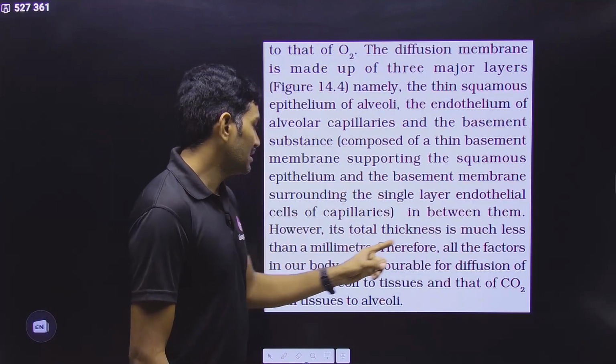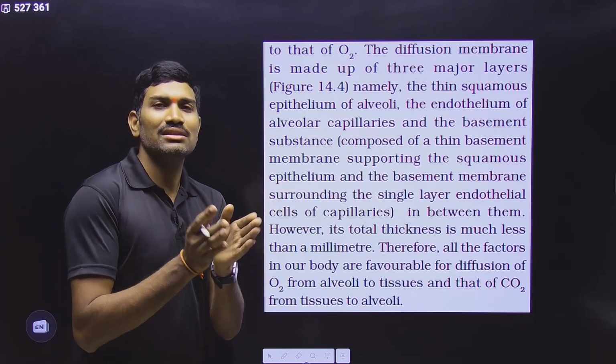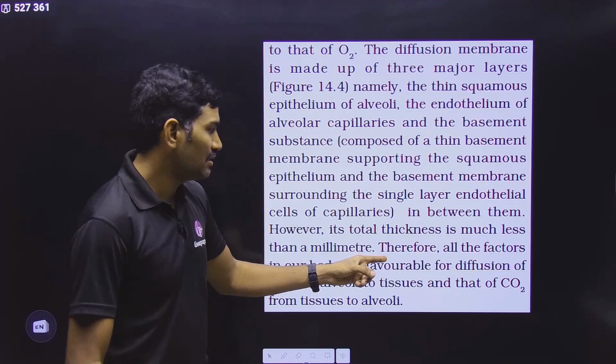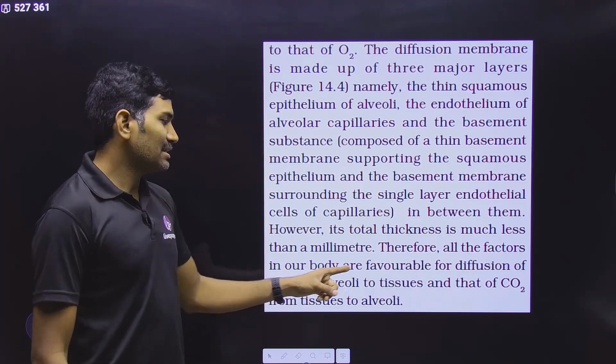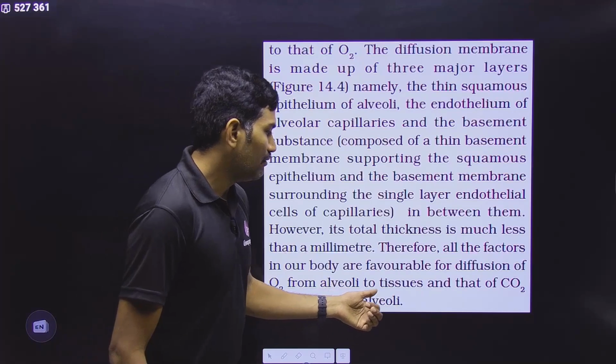However, its total thickness is much less than 1 millimeter. Overall, all the three layers combined are less than 1 millimeter. That means it is very, very thin. Therefore, all the factors in our body are favorable for diffusion of oxygen from alveoli to tissues.